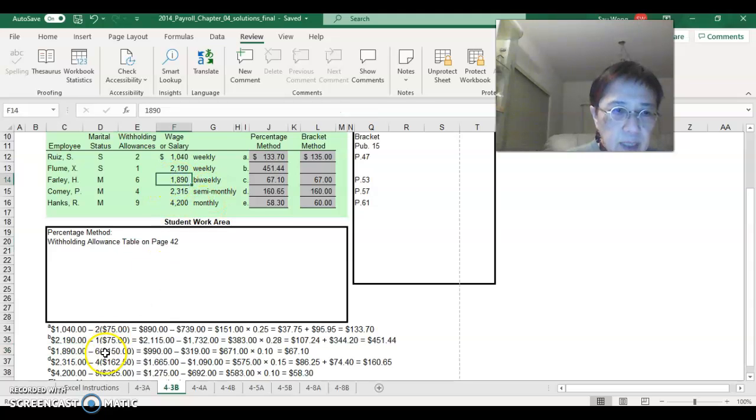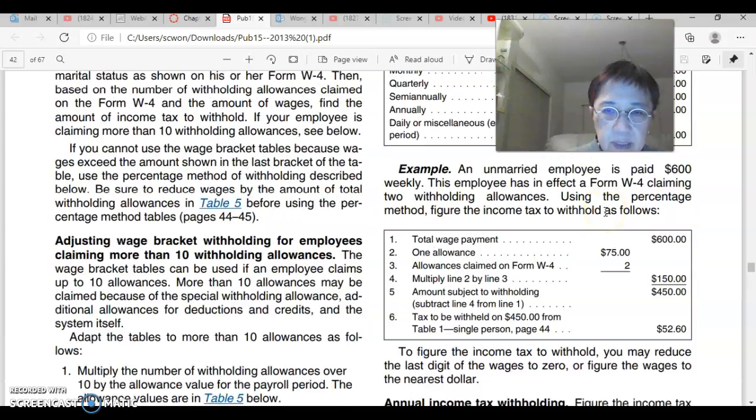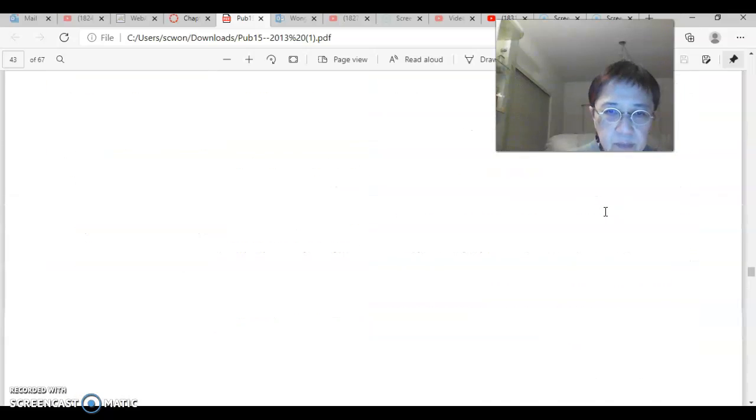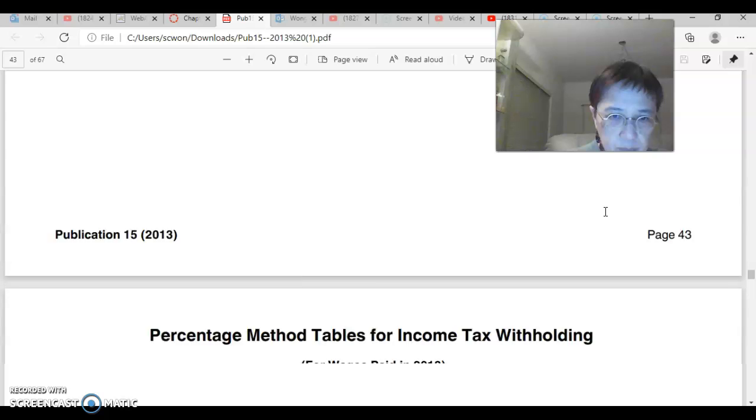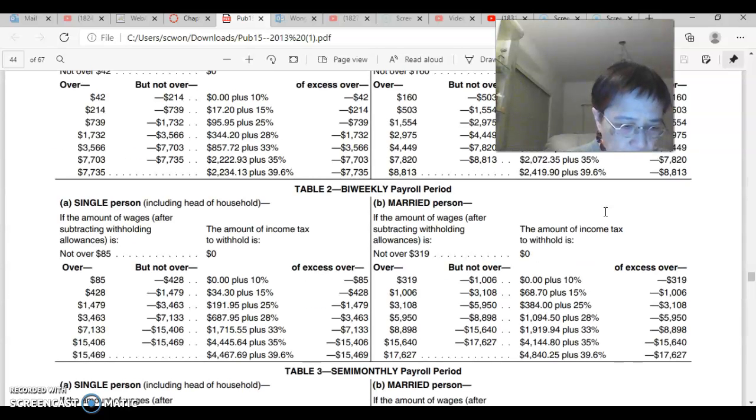Okay, take the gross minus the withholding and equal to 990, and then 990 minus the $319. So we take a look at the Publication 15 for percentage withholding. Percentage withholding is married and he's paying bi-weekly.